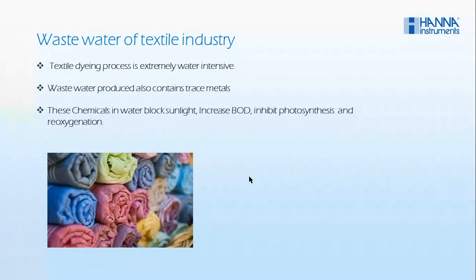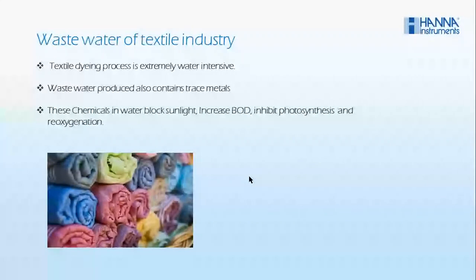In the textile industry, dyeing, spinning, sizing, and resizing processes are extremely water intensive, and the wastewater produced is also very extensive. Wastewater treatment in the textile industry is such a big concern that 1 kg of textile production requires almost 200 liters of water. The wastewater is especially harmful because it also contains heavy metals.